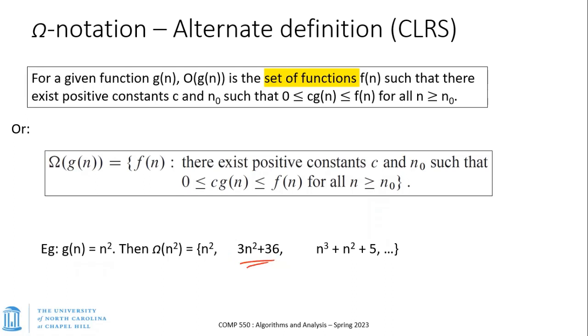They could have logs in them, they could have fractional powers and so on, but as long as the highest power of n is greater than or equal to 2. Okay, so you could have n cubed and so on. So hopefully now you understand that there are two ways of defining the big O notations.